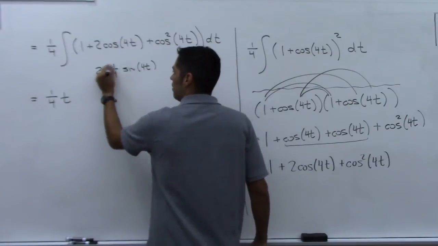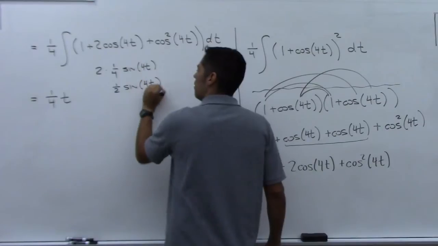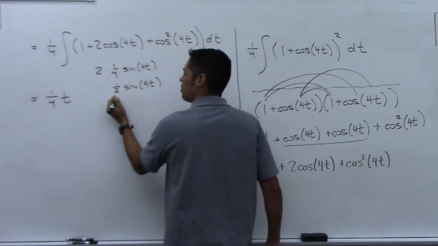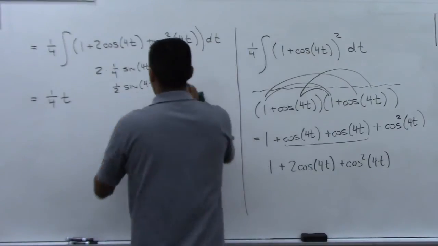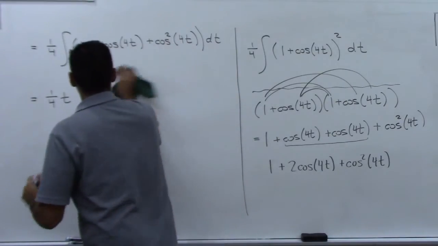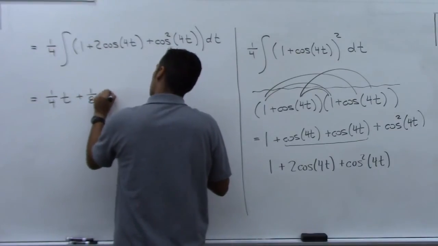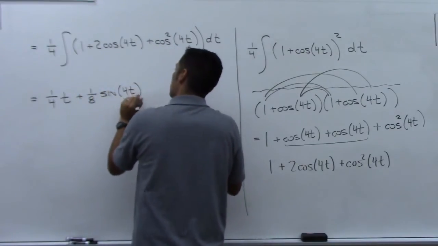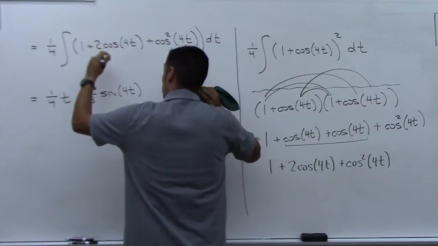So these two together is 1/2 sine 4t, but then the 1/4 distributes through and hits this and becomes a 1/8. So this next term is going to be 1/8 sine of 4t. So I've taken the antiderivative of the first two terms and distributed a 1/4 through.